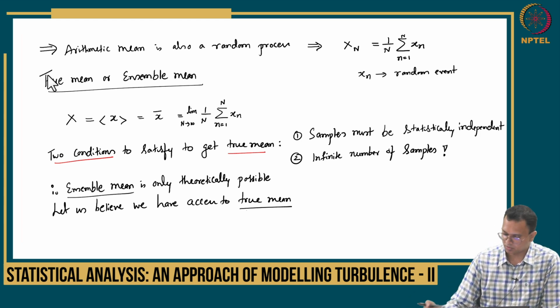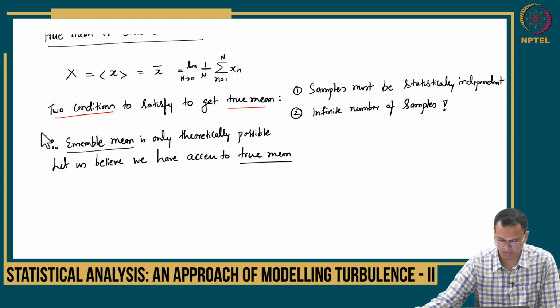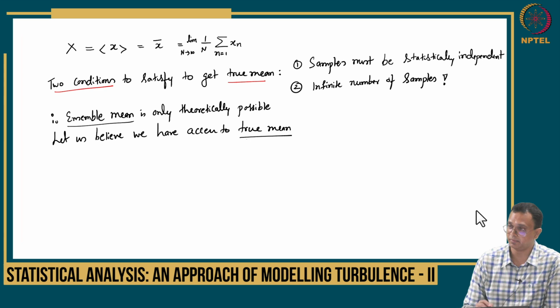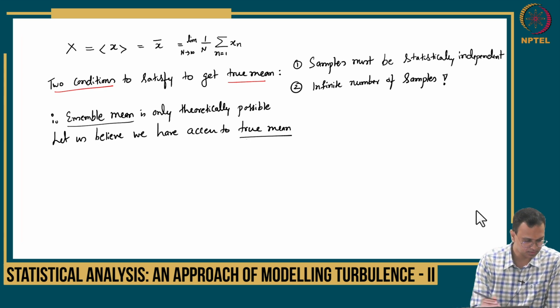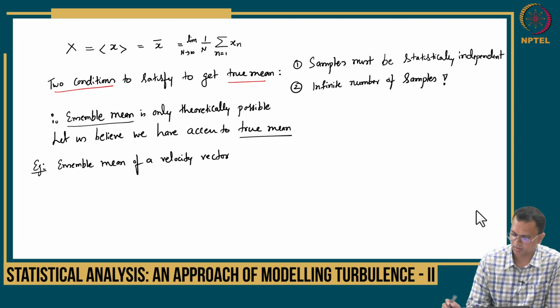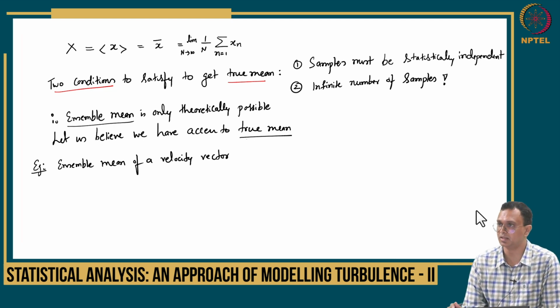Okay. Alright. So now if you have this, then how do I represent some examples, like your velocity vectors and so on? So an example could be the ensemble mean of a velocity vector, because this xn I said is a random realization, it could be anything, it could be temperature, pressure, whatever.